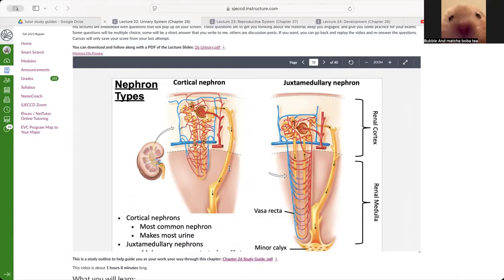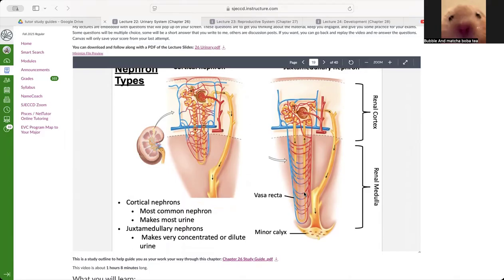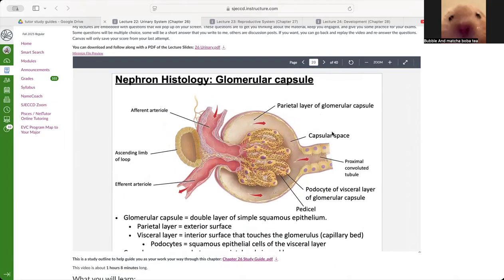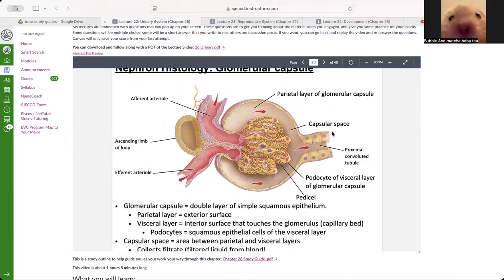So basically the cortical nephron makes the urine while the juxtamedullary nephron concentrates or dilutes the urine. I'm trying to think of the alphabet: C goes first, so C makes the urine.